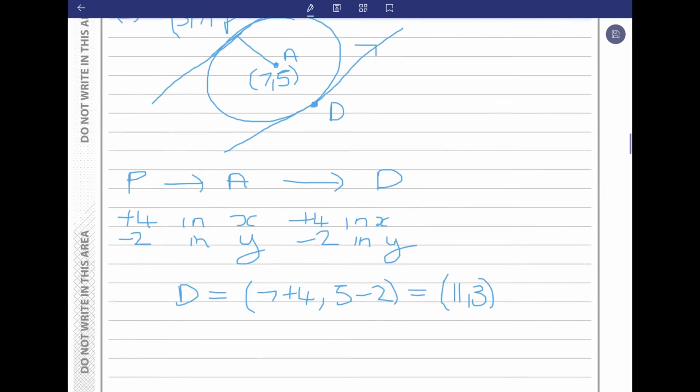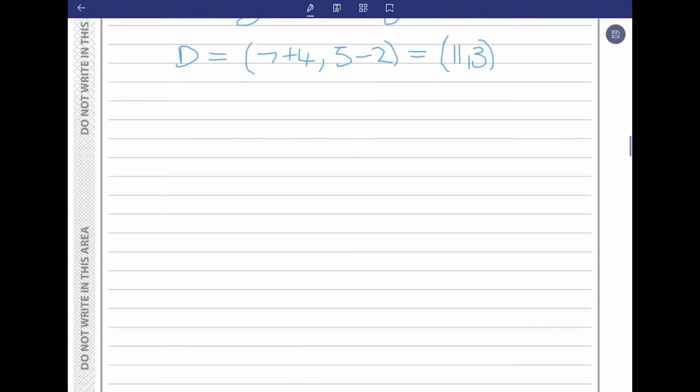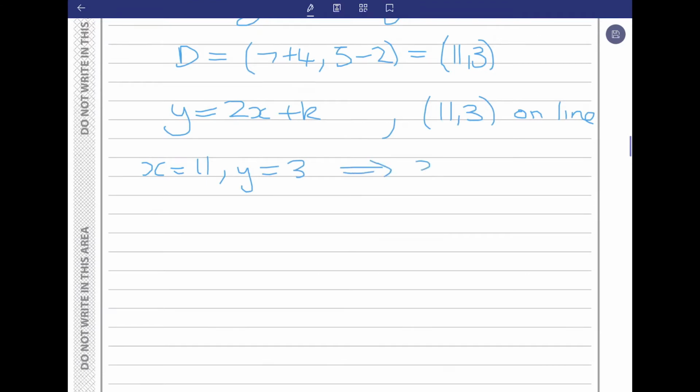If we have a point on a line, we can work out the constant. So we have y equals 2x plus k, and the point 11, 3 on the line. Plugging in x equals 11, y equals 3 implies 3 equals 2 lots of 11 plus k, and this rearranges to give us k equals minus 19.